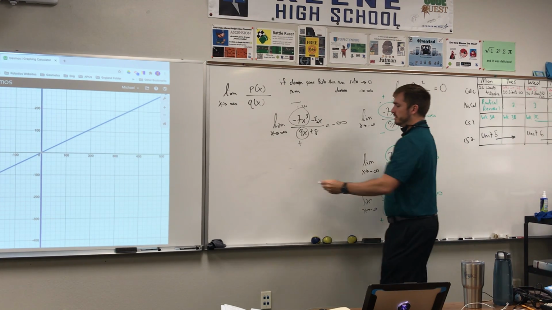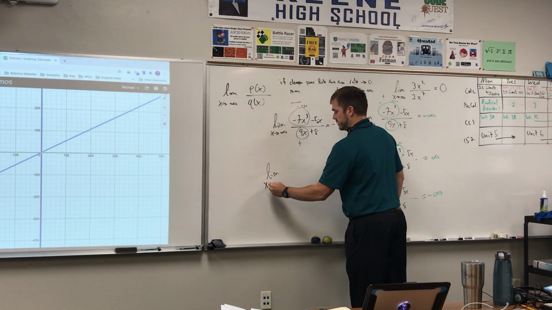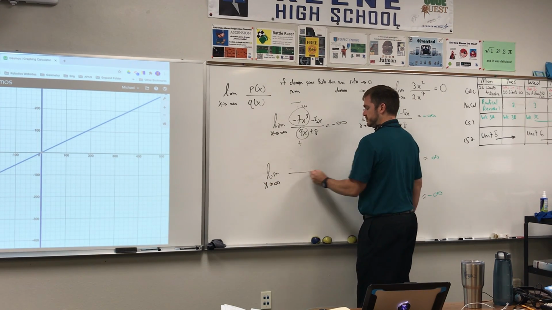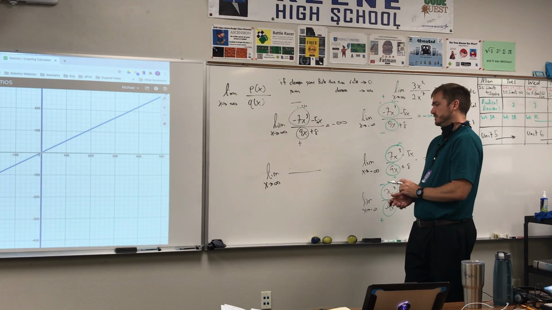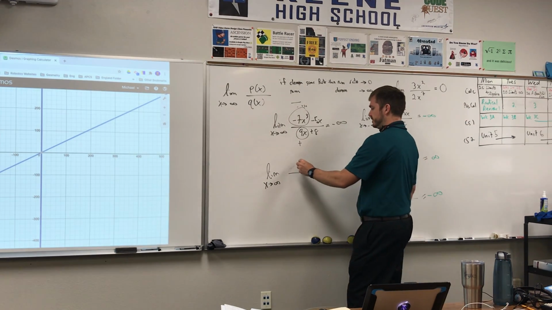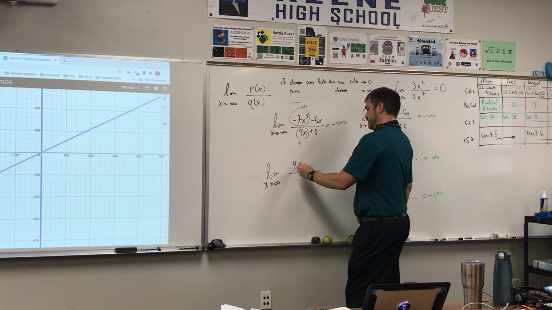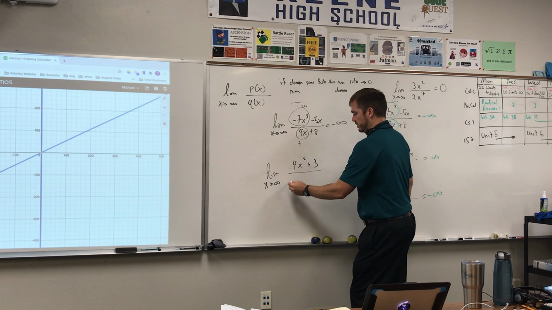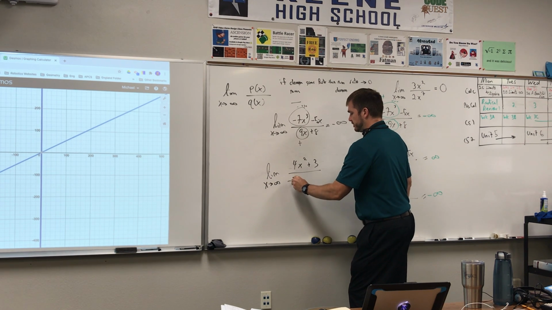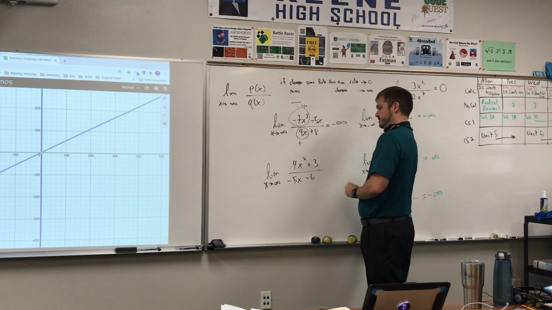We'll do another one here. The limit as x approaches positive infinity of 4x squared plus 3 over negative 5x minus 6.